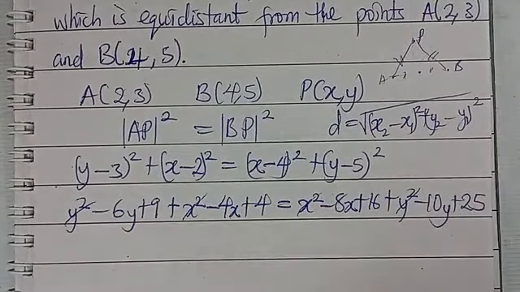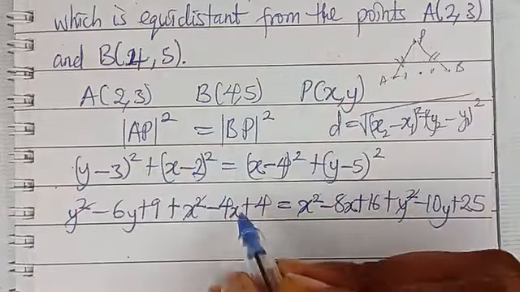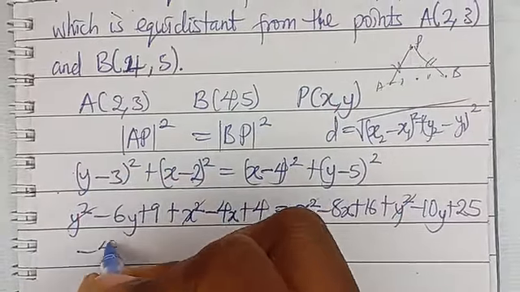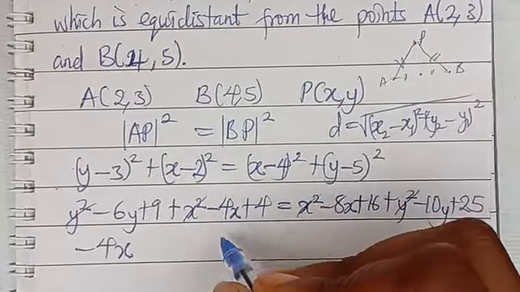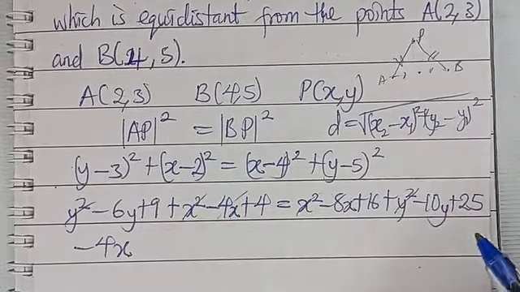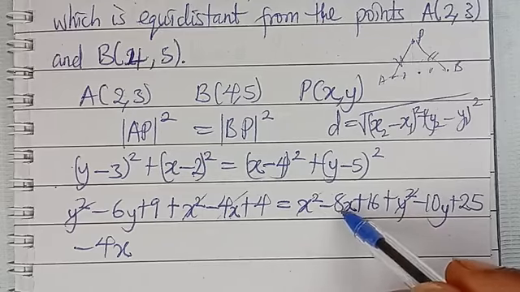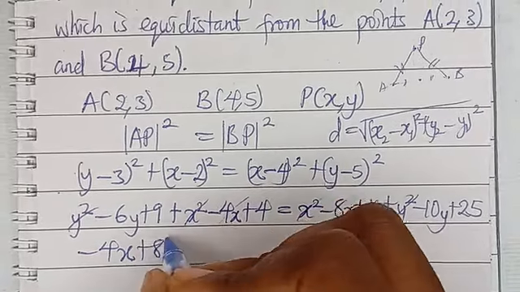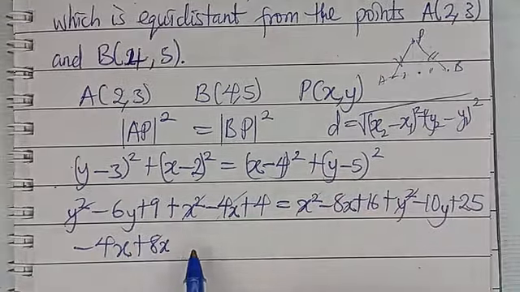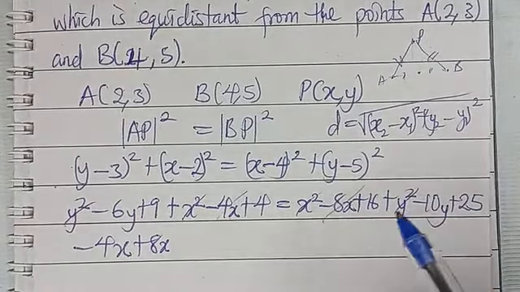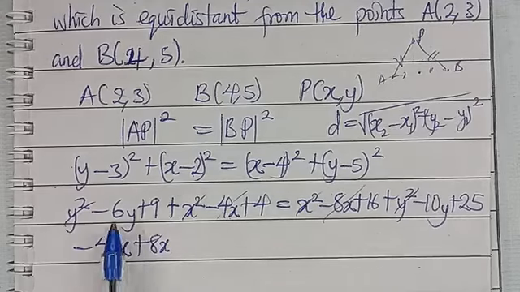So let us now bring in what we have left. We have minus 4x. Let me collect the x terms first. So we've taken away this, and then on this side, minus 8x comes to be plus 8x. Okay, so we've taken out all the x values. Then let's get into the y values.